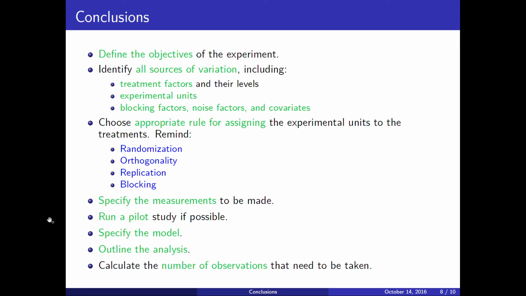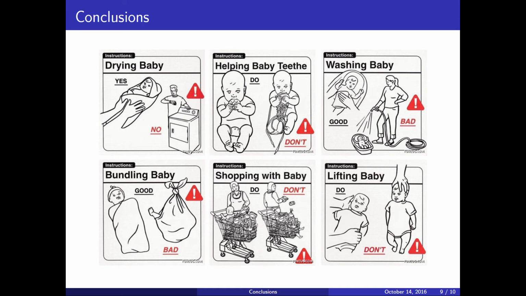You should specify the model before doing the experiment, because otherwise, if you do it after doing the experiment, you are doing data snooping. You should outline the analysis, and you should calculate the number of observations that need to be taken. And experiment design, I like to compare it to this example.